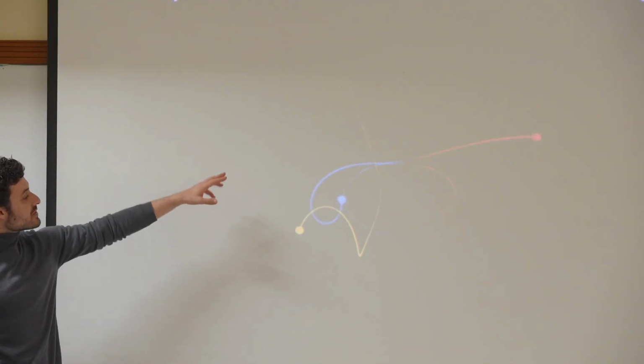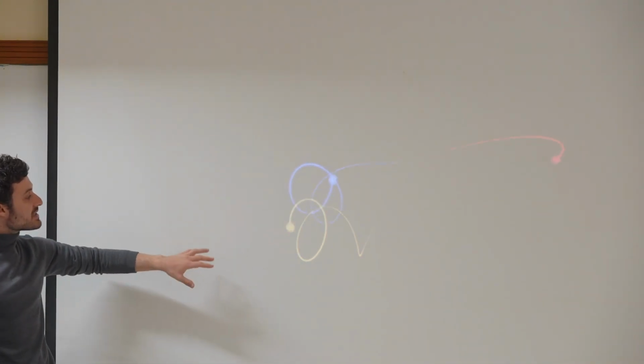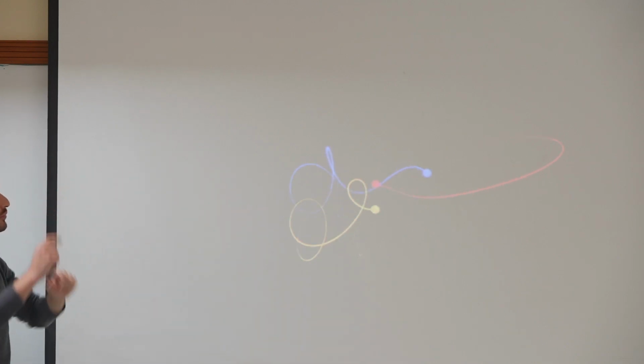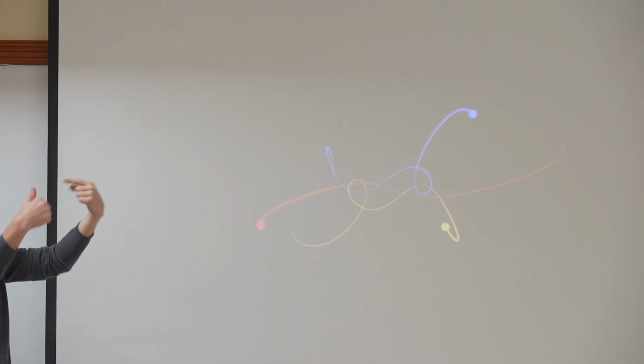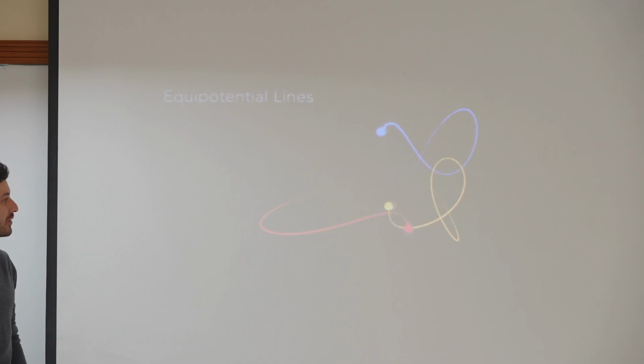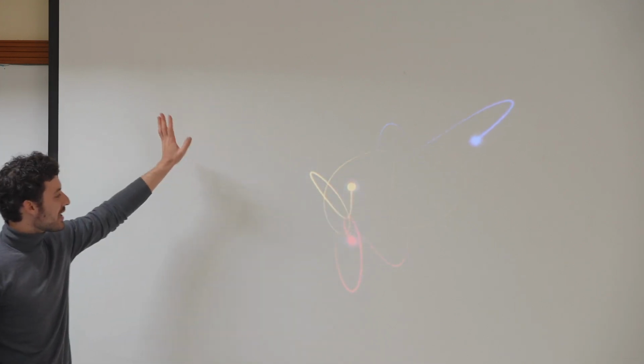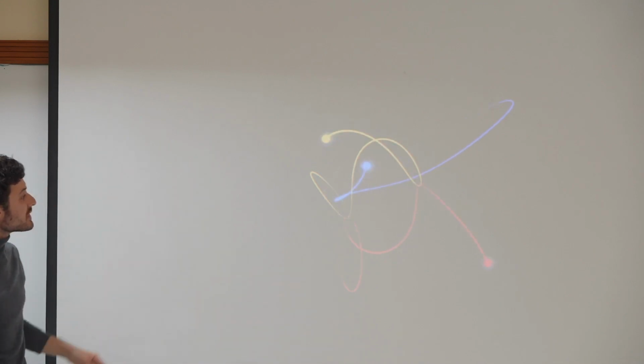And there you go. This is the motion of these three objects as they evolve with this very simple interaction, each one obeying Newton's inverse square law. The stuff that you can't see, the equipotential lines, don't worry about that, it's not really important.